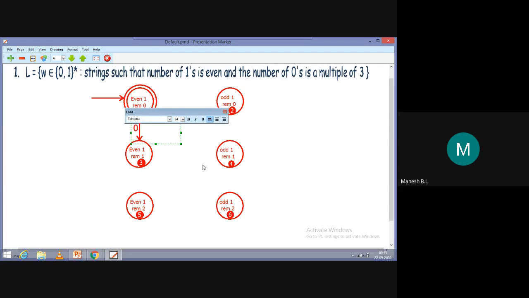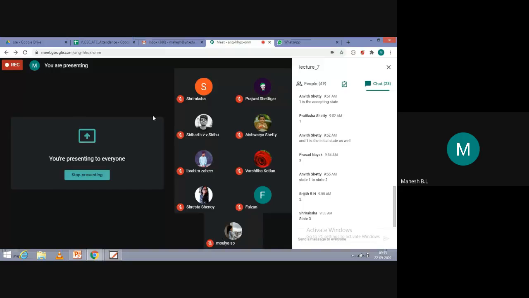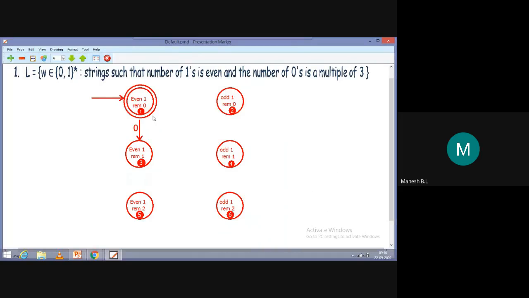Now in state 1, if the input symbol is 1, what transition do you need to make? State 1, input symbol 1.